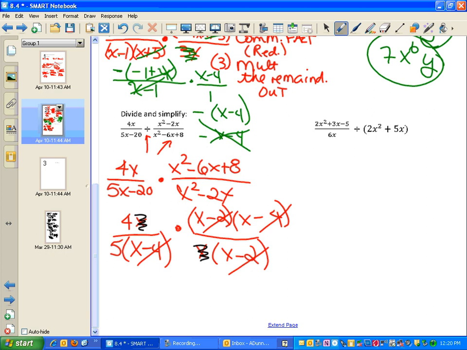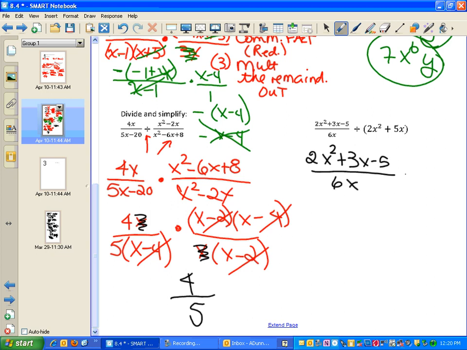And so what am I left with in the numerator? And the denominator? That's so weird. I think that all of us became 4/5. So you cancel with that. I've got 4 times x and I have the x in the bottom, so the x is reduced. So they're not subtracting because they're not exponents, right? Okay. This stays 2x squared plus 3x minus 5 over 6x.